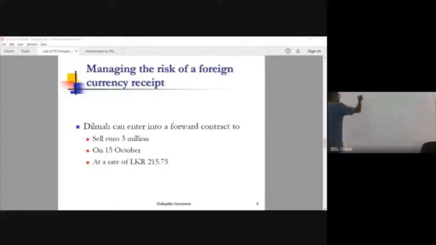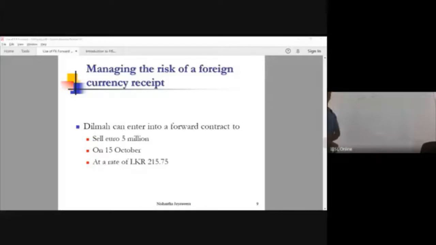The exporter agrees to sell tea and to receive euro 5 million on October 15th, 2020.